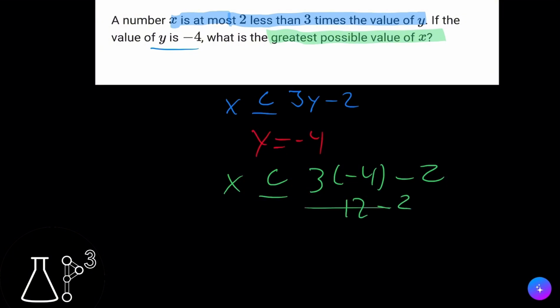So x is less than or equal to -14, and the greatest value of x is -14, because x can be less than or equal to the value on the right side, and the right side has the greatest value, -14. Therefore, our greatest value of x is -14.